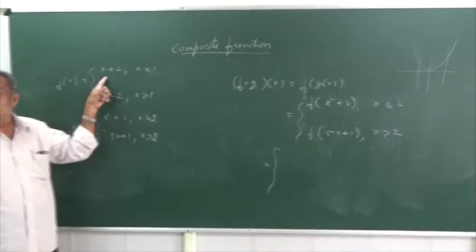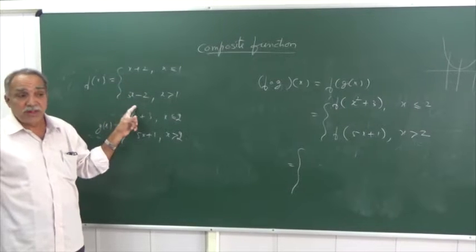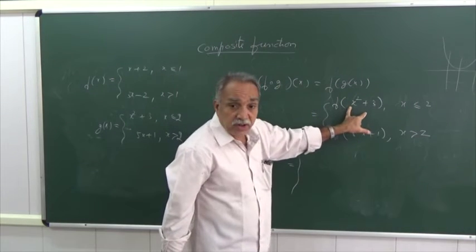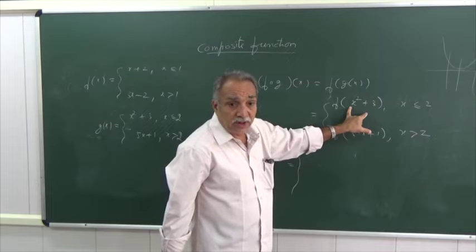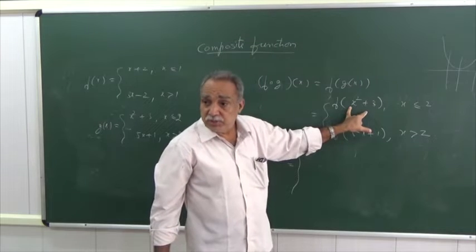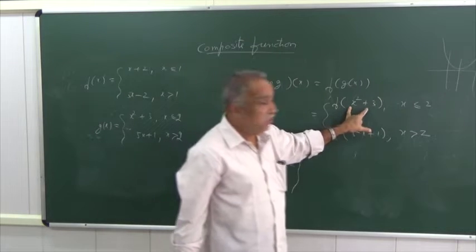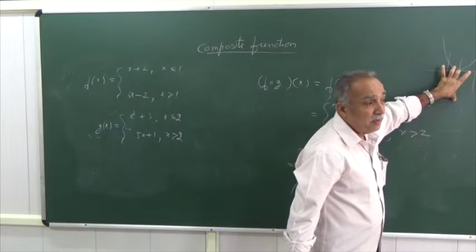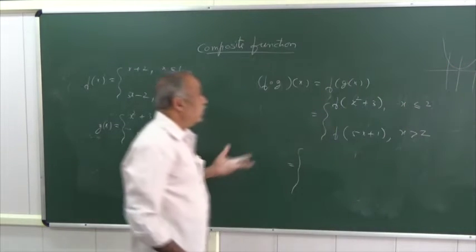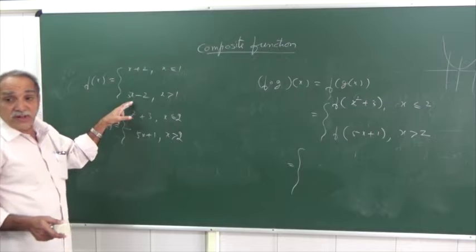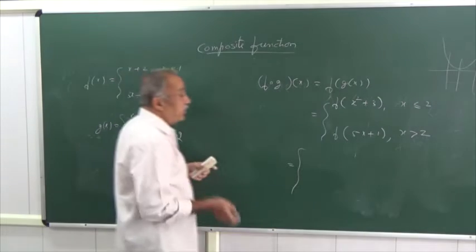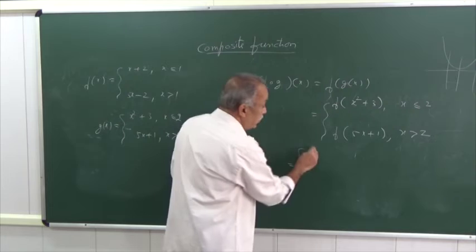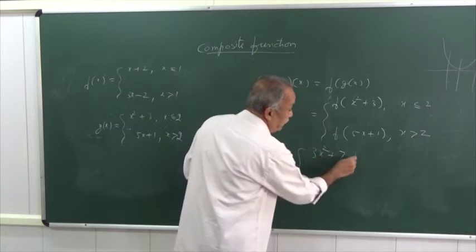This is applicable for argument less than or equal to 1, this for argument greater than 1. I have noticed that this is not less than or equal to 1. Not less than or equal to 1 means it must be greater than 1. That is, this height itself will be greater than 1. Throughout it will be greater than 1. In that case, what formula is used? This one, and you will be getting 3 into argument minus 2, 3 into this number minus 2, 3x square plus 7.